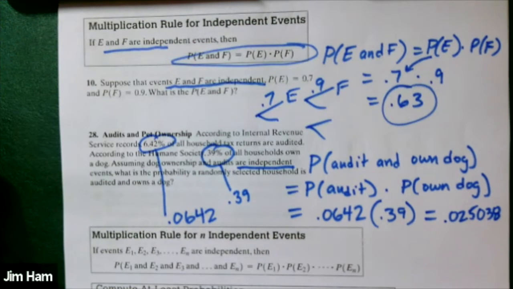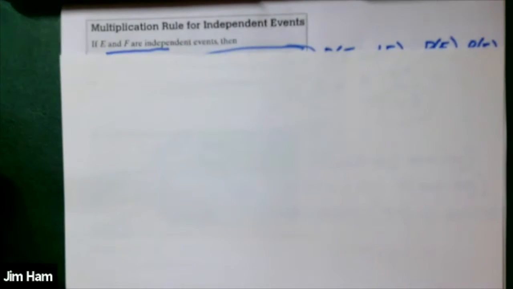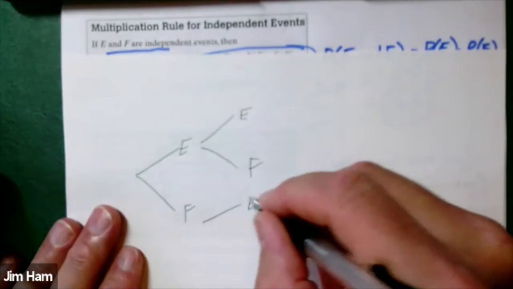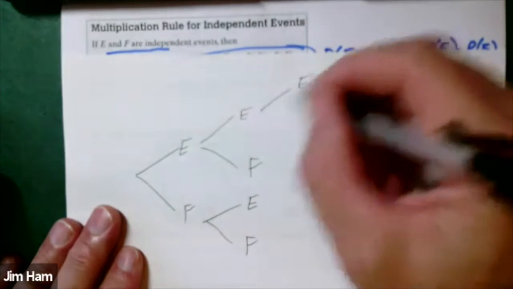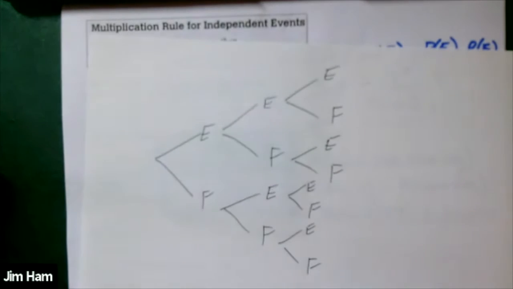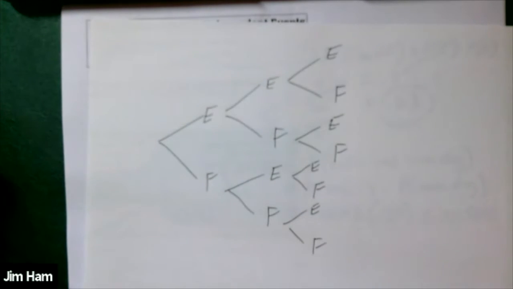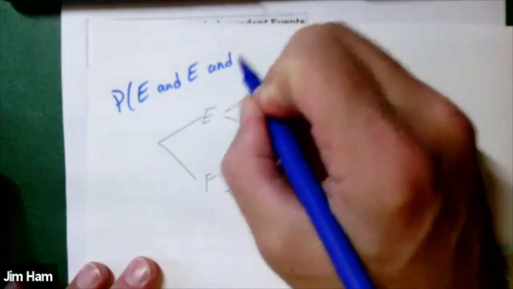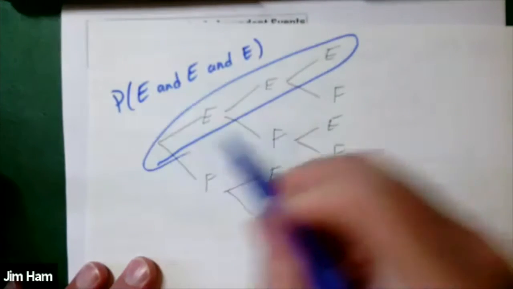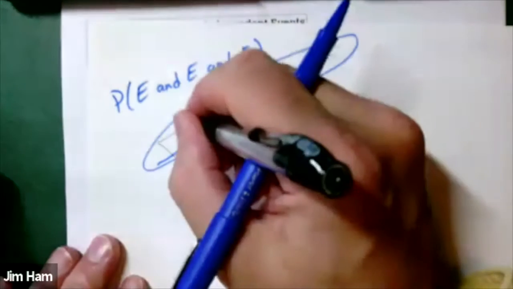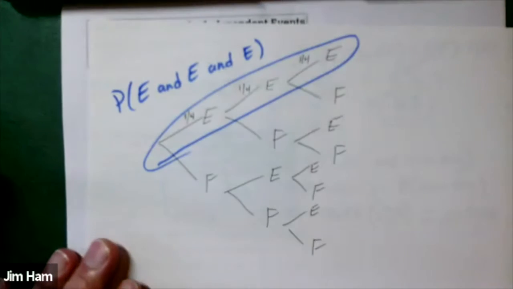So just imagine that you had a tree diagram where you had E and F, and then E and F, and so on, and maybe there's another branching where you have E and F. If all of these events are independent, and you wanted to calculate the probability of E and E and E, well, instead of just multiplying two probabilities together, you may have three probabilities that you multiply together.